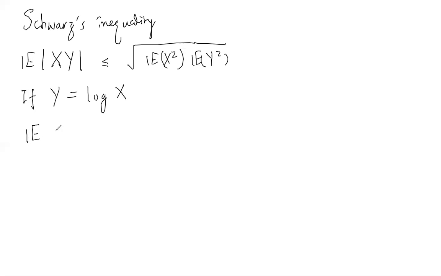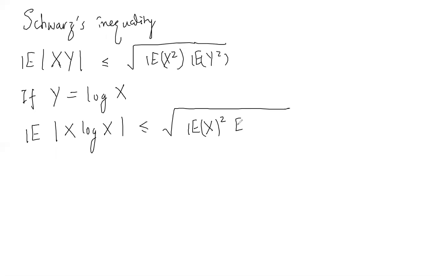Then I would have expectation of absolute x log x bounded by the square root. So basically you can just plug in, right?